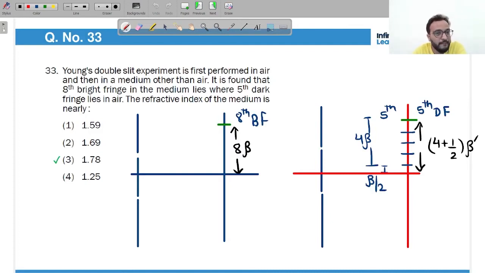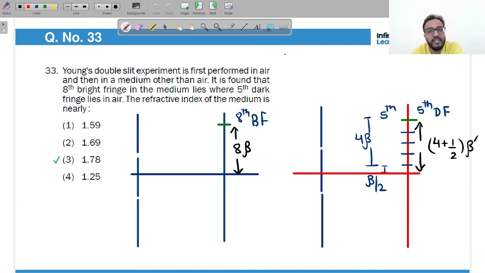Question number 33. This is an interesting one. They have given that Young's double slit experiment is first performed in air and then in a medium other than air. See what happens when you immerse the complete YDSE setup in another medium. The lambda changes, right? The wavelength will change first of all. Will it increase or decrease? Just tell me.